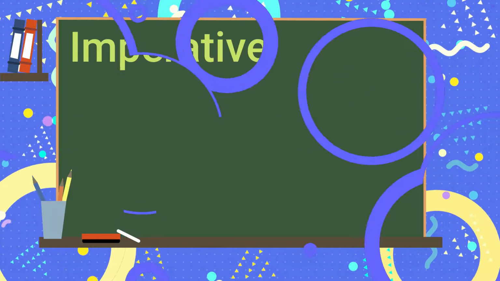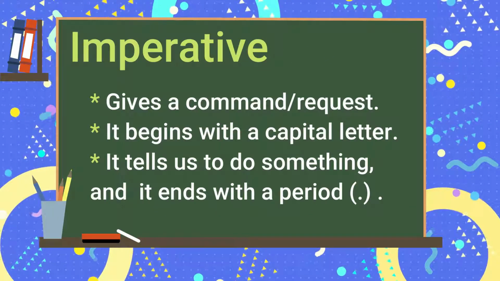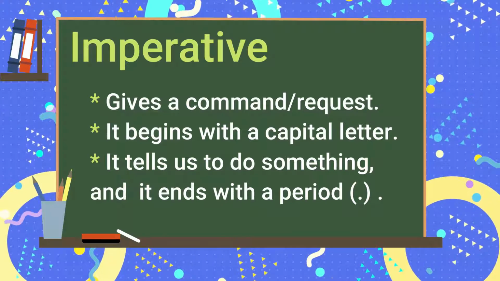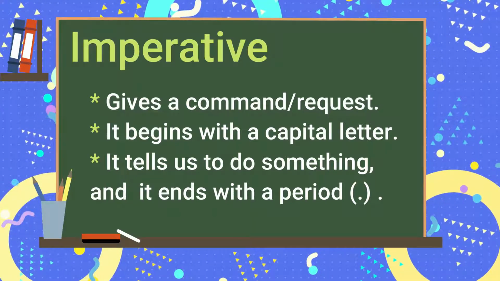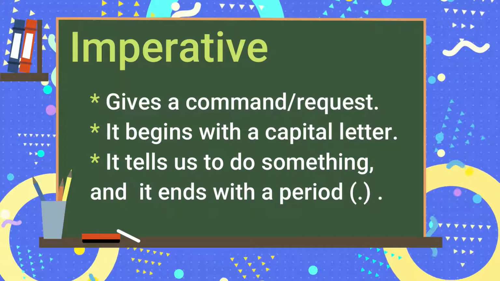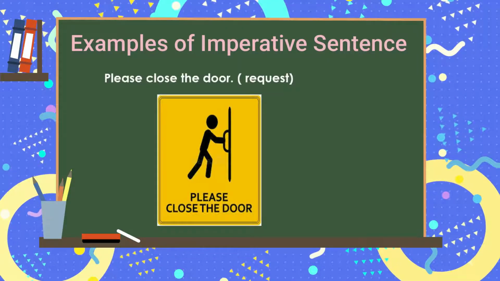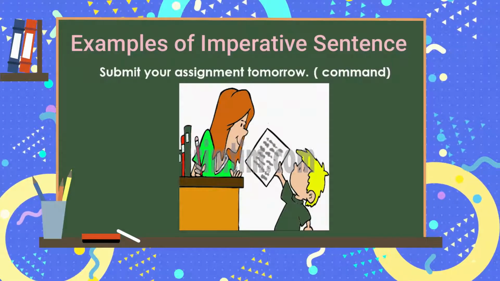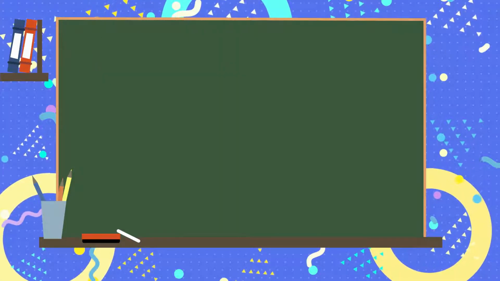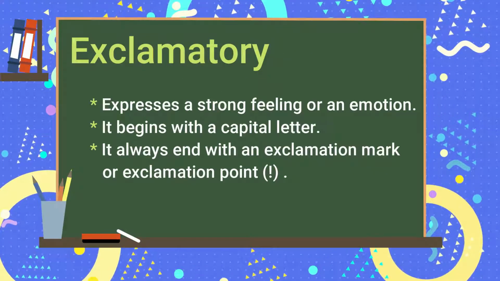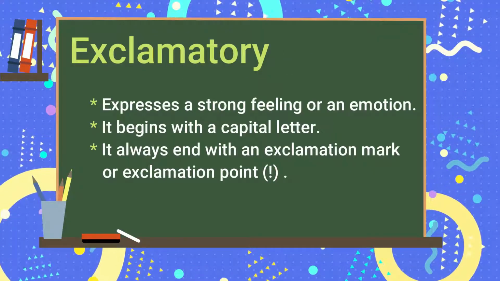An imperative sentence gives a command or request. It begins with a capital letter. It tells us to do something and it ends with a period. Examples: Please close the door. Submit your assignment tomorrow. An exclamatory sentence expresses a strong feeling or an emotion.